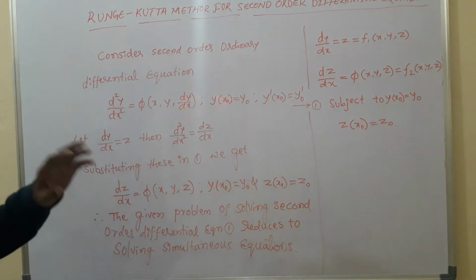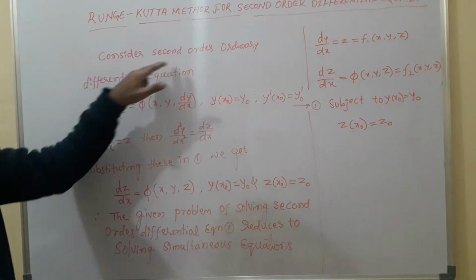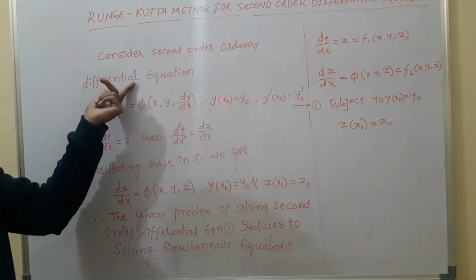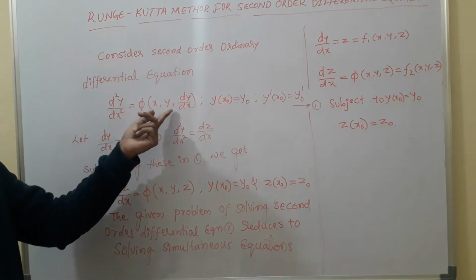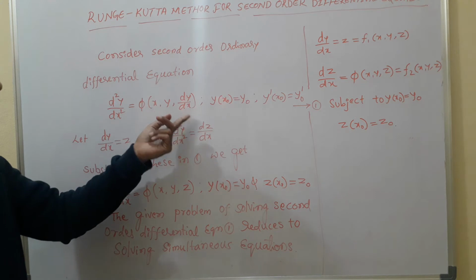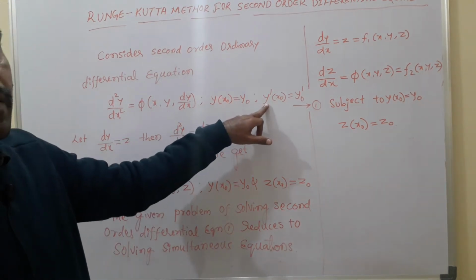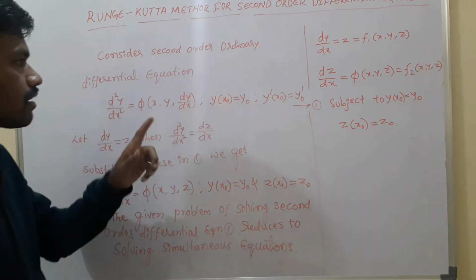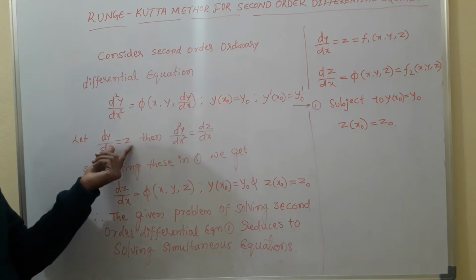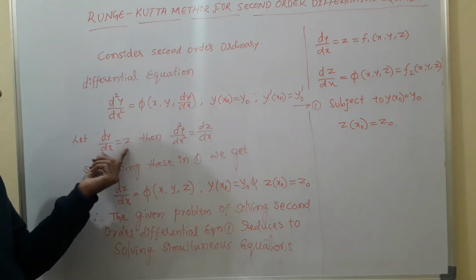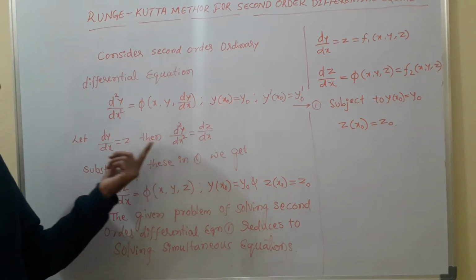So this is the RK method for the second order differential equation. Consider second order ordinary differential equation, that is d2y by dx square equal to phi of x comma y comma dy by dx, and y of x naught is equal to y naught and y dash of x naught equal to y naught dash. Call it equation number 1. Let dy by dx equal to z, then d2y by dx square equal to dz by dx.